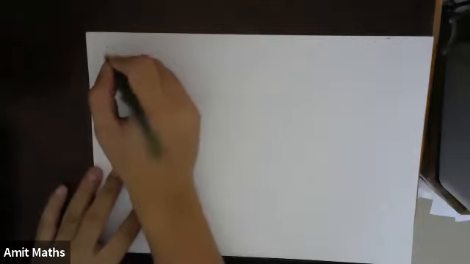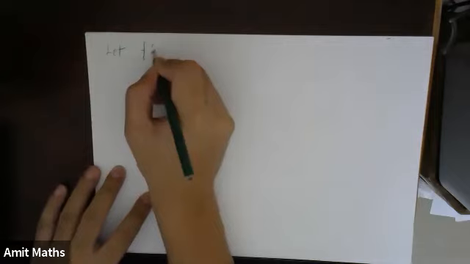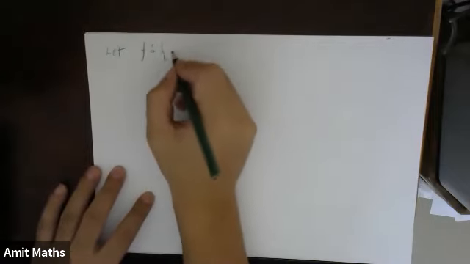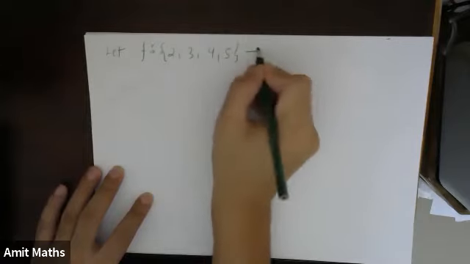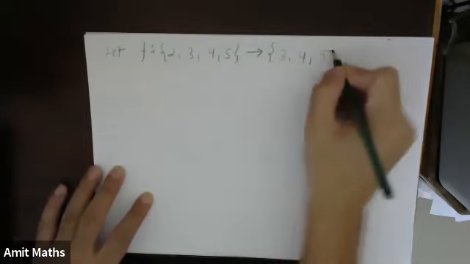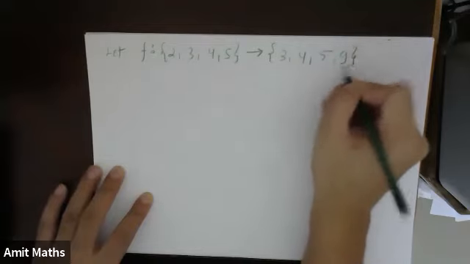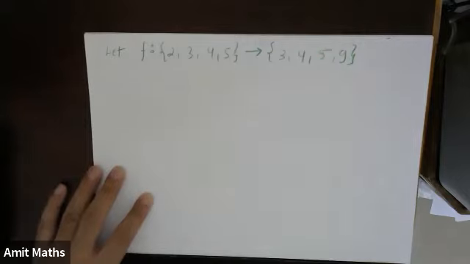Example is, let f be given from 2, 3, 4, 5 to 3, 4, 5 and 9. F is such that the domain of f is 2, 3, 4, 5 and it is given from 2, 3, 4, 5 to 3, 4, 5, 9.